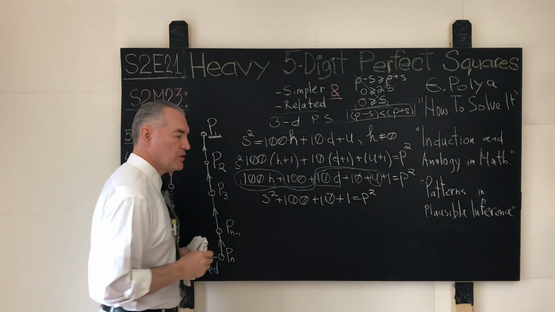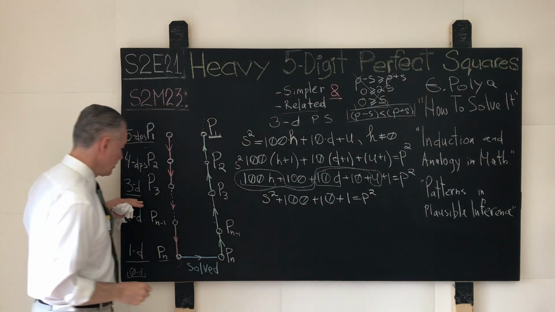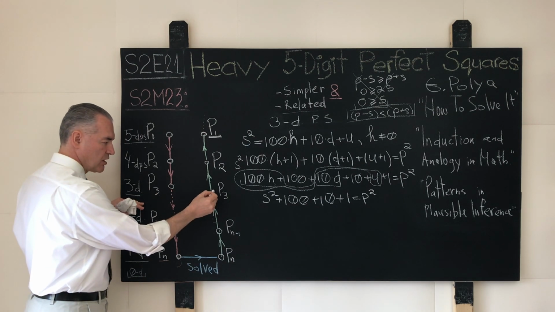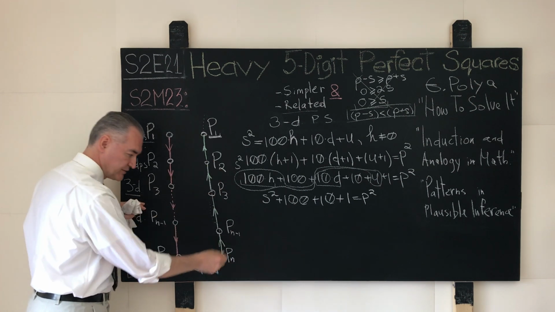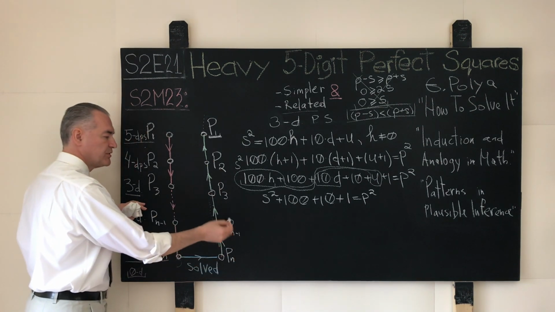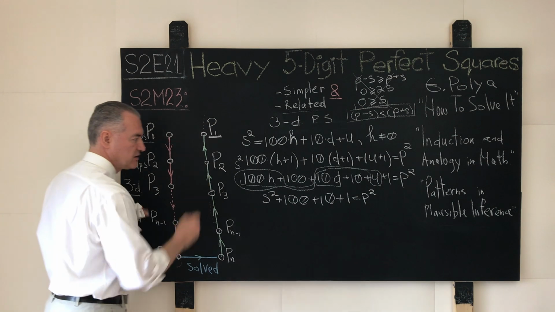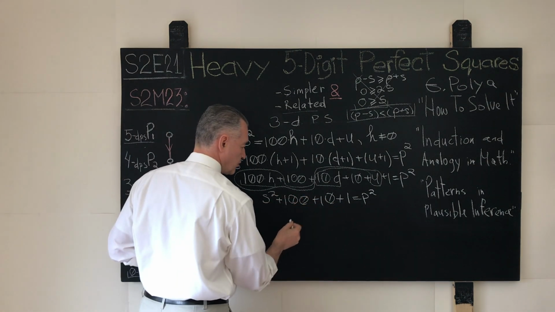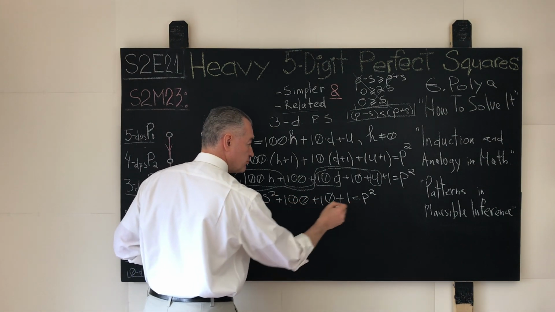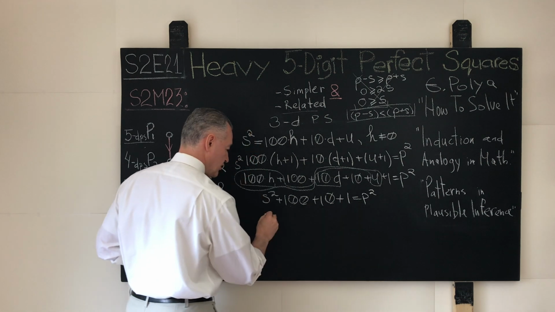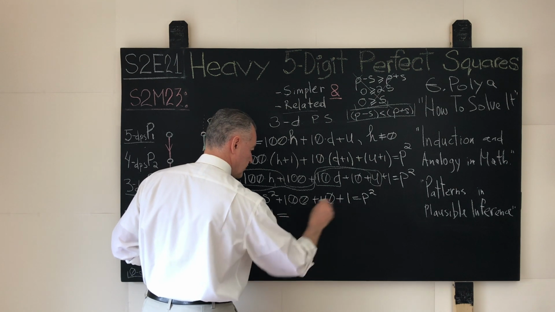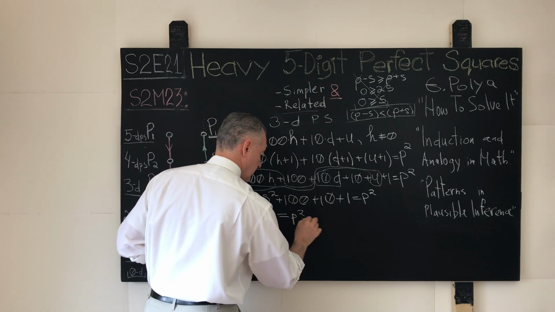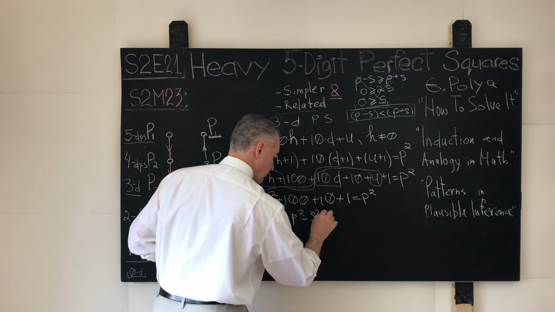So now in our three-digit problem that we're dwelling right here, we are using our cumulative insight that we gained during the solution of the rock bottom simplest, the next slightly more difficult problem. What do we have? 100 plus 10, 110 plus 1, 111 times, I'm sorry, again, p squared minus s squared.